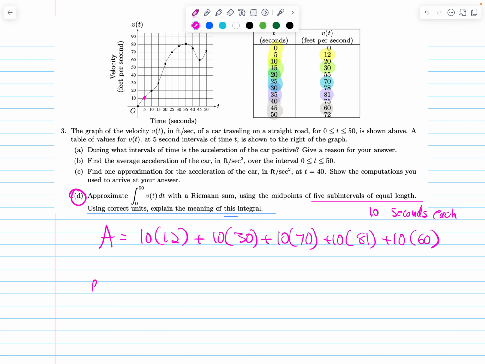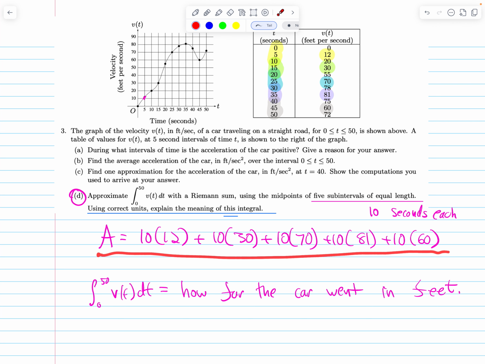And what this means is the integral from 0 to 50 of v of t dt in this specific case is literally just how far the car went, in feet. Now, on an actual test, yes, you would have to figure out this calculation, find that number.